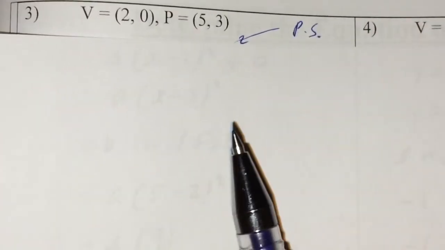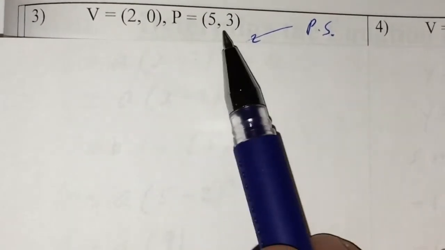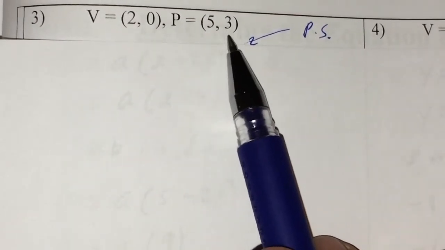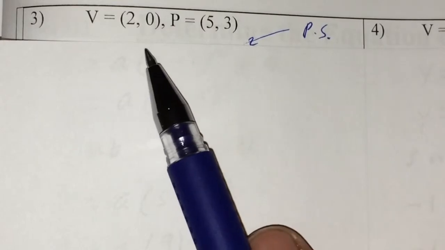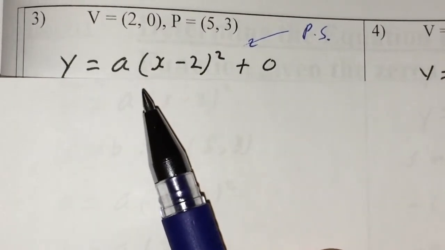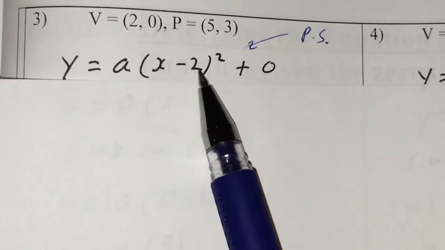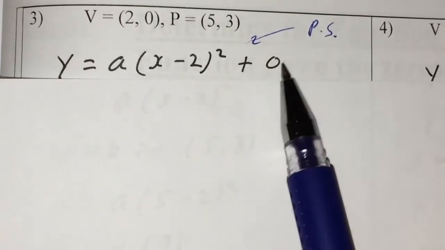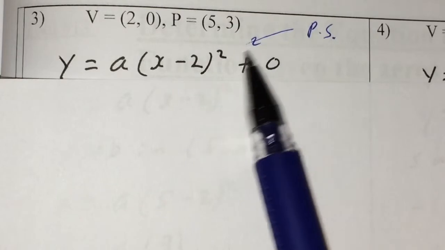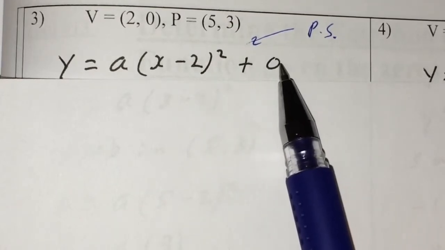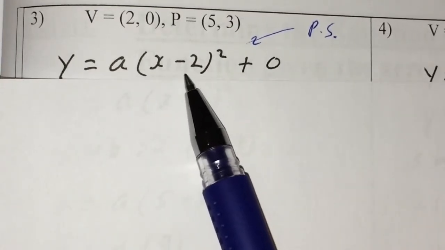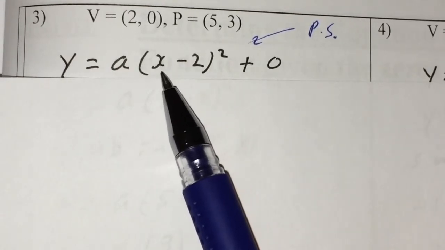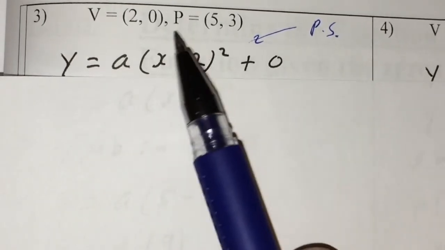Okay, two more actually. For this one the vertex is (2, 0) and the point is (5, 3). When you sub the 2 in for the h and the 0 in for the k, then you don't need the plus anything here. This plus 0 can just go away, and now you just have a perfect square. Not only is it in vertex form, it's in factored form too.